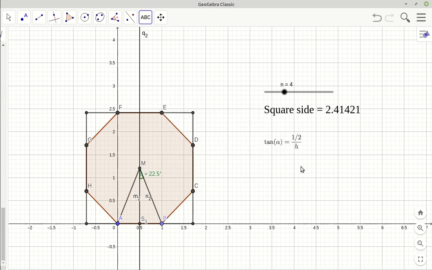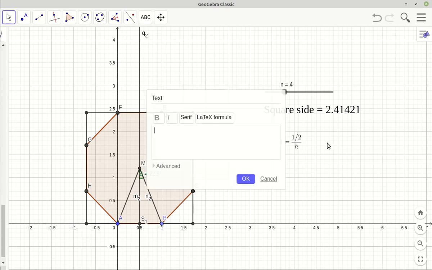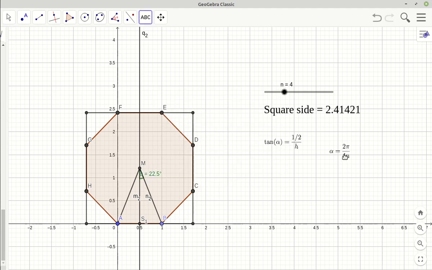Okay, and where alpha is in turn also the result of division of 2 pi by 4n.